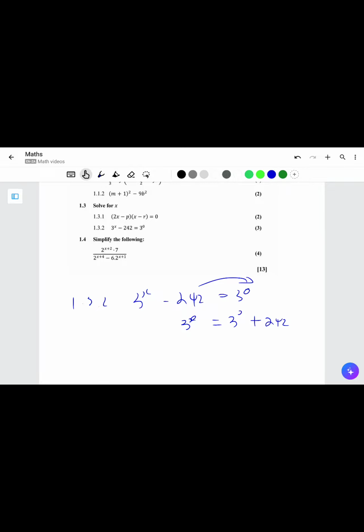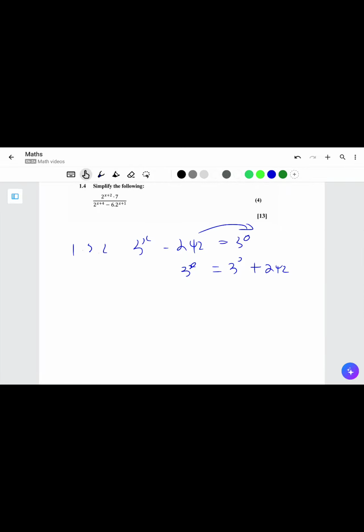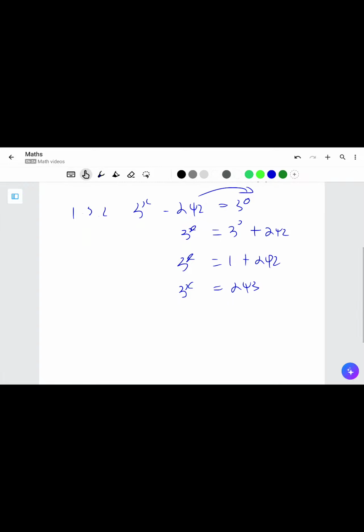Then we can say 3 to the power of x. We know anything to the power of 0 is 1, plus 242. Okay, so you can obviously see where we're going with this now. So 3 to the power of x will equal 243, and 243 we know can be written as 3 to the power of 5, right?